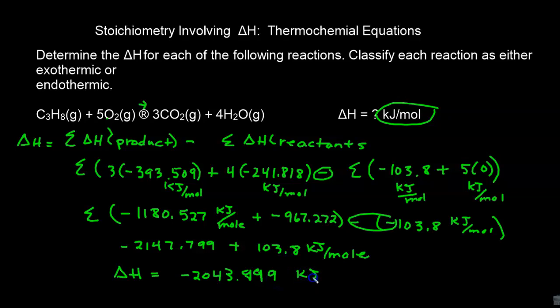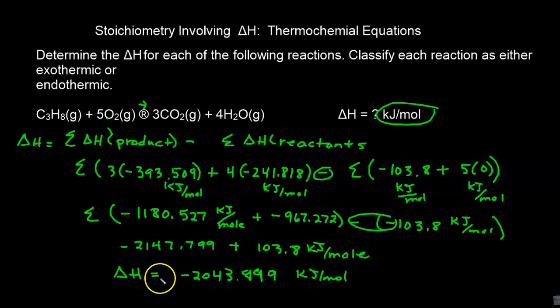Again, kilojoules per mole. We're going to do significant digits again on that for the most part, and most of our values were out to 6, so it looks like we're pretty good with our final answer.